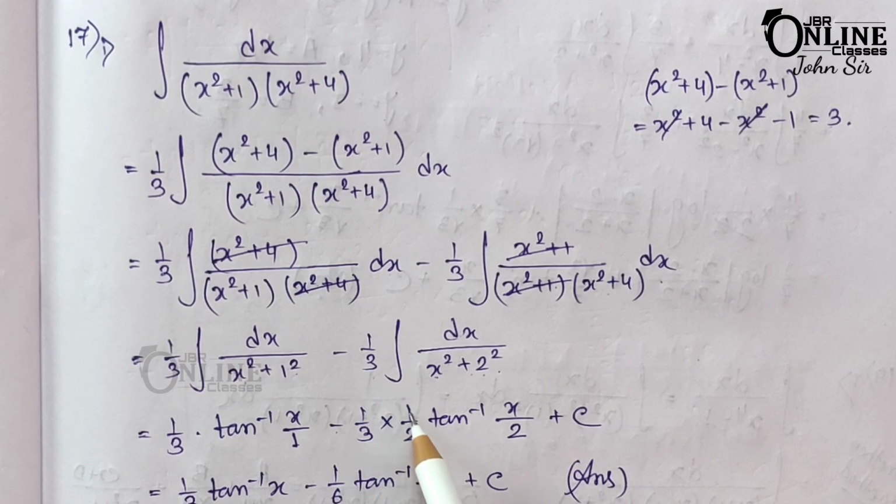Next, sum number 18(1). Integration x square plus 1 by x square plus 4 x square plus 25. So here also for partial fraction, let y as x square. So y plus 1 by y plus 4 into y plus 25. So a by this one plus b by this one. So y plus 1 equal to a into this one, b into this one.